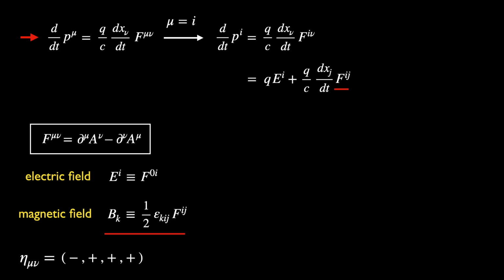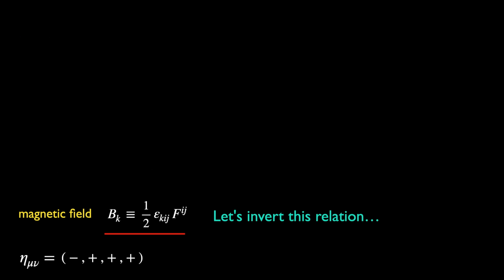We would need to write F ij in terms of B. Let's invert this relation below. B is a single index object, while F has two indices. So it makes sense to try a contraction with a three-index object, the epsilon symbol.